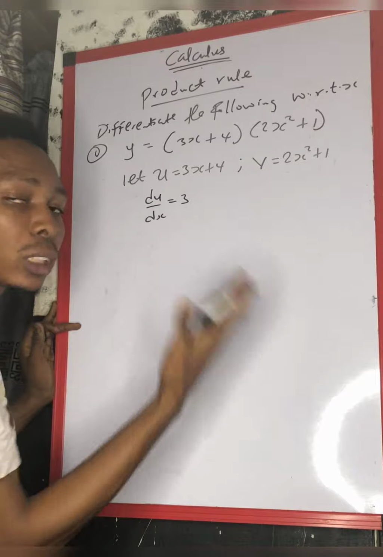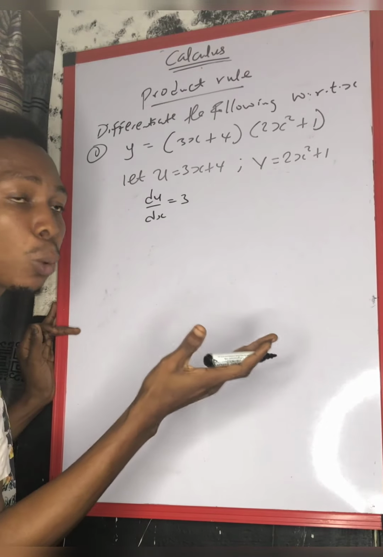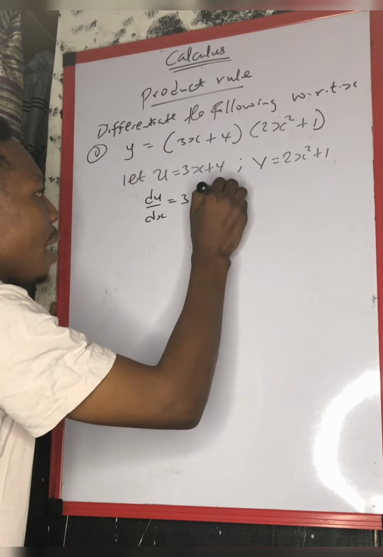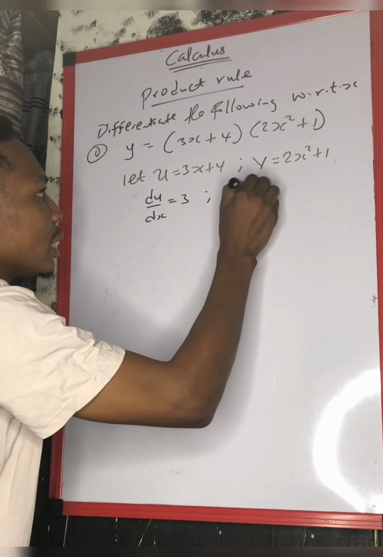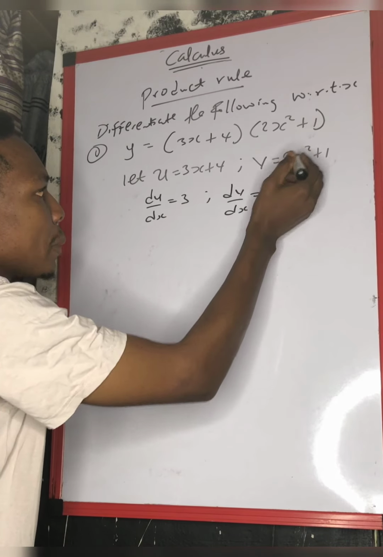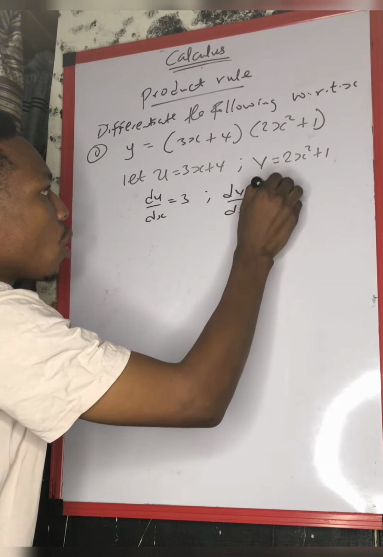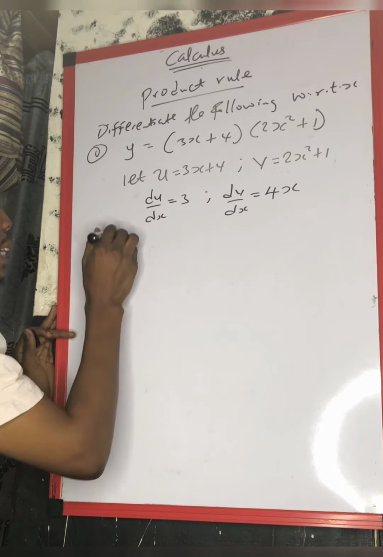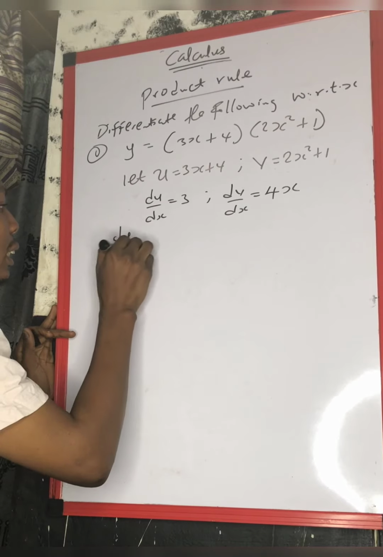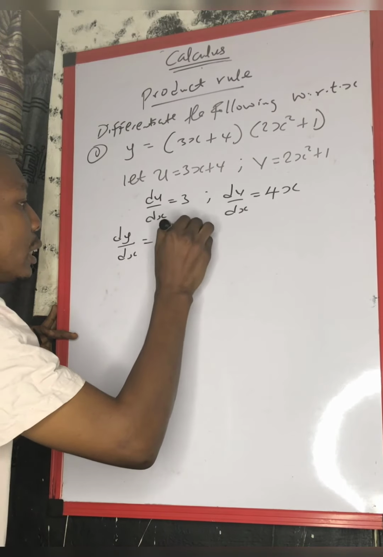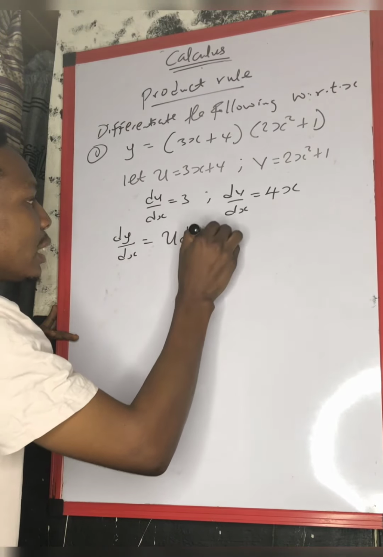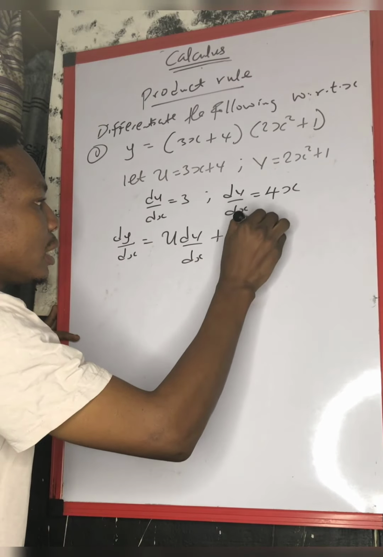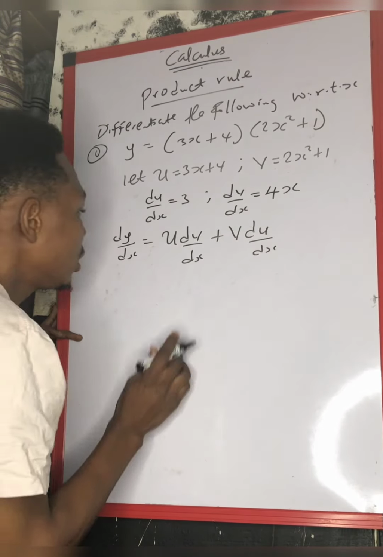So 3 plus 0 is 3. Then dv/dx: if you differentiate 2s squared, it is 4s. So the formula to get dy/dx is u dv/dx plus v du/dx.